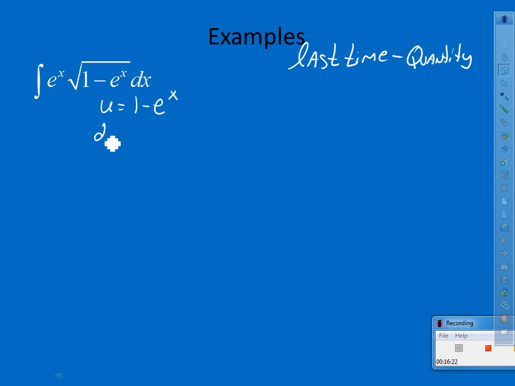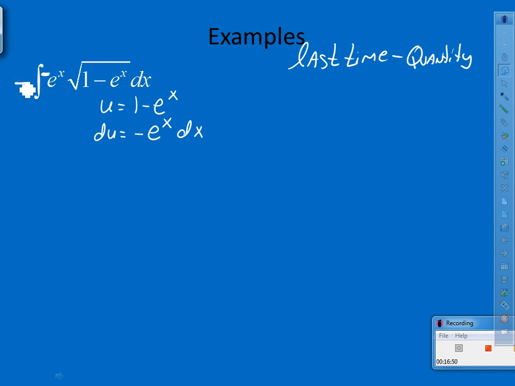That makes my du, the derivative of 1 is nothing. The derivative of negative e to the x is negative e to the x dx. So I need to see a negative e to the x dx. And I would if there's a negative right there. Well, since I put a negative there, I also got to put it there.